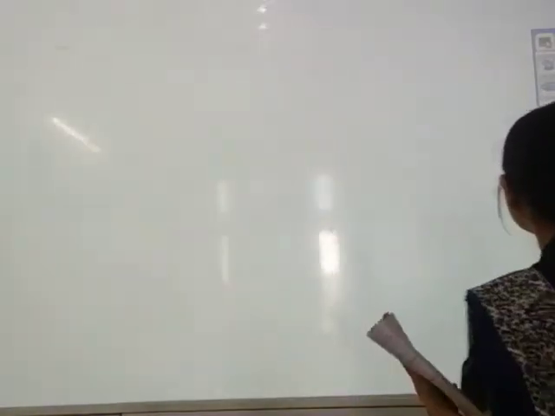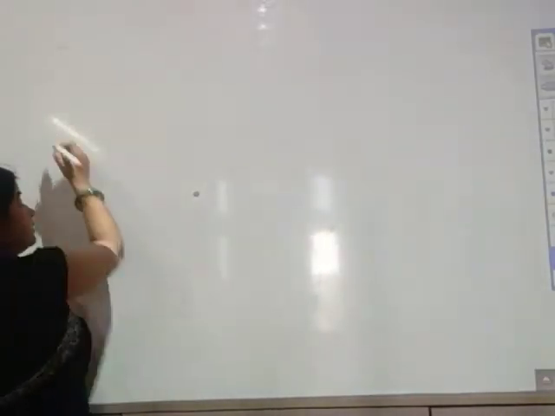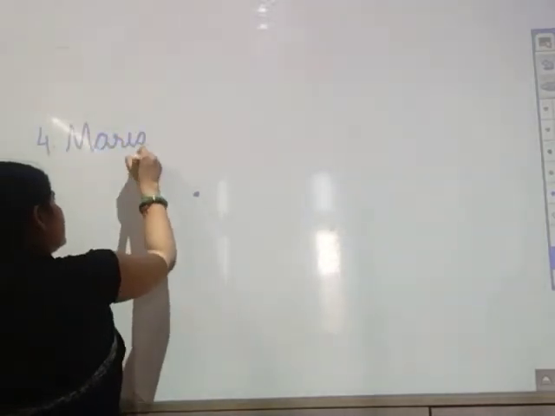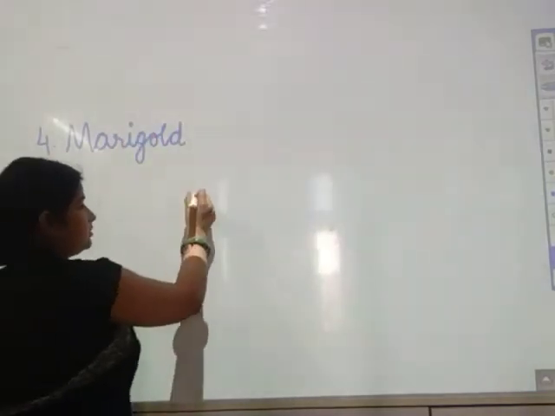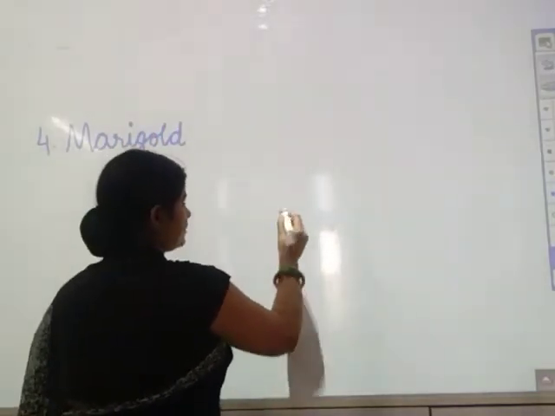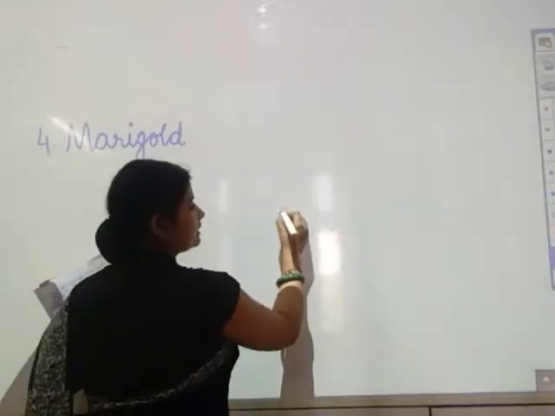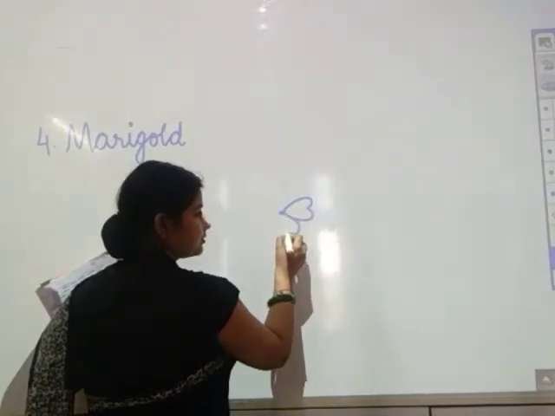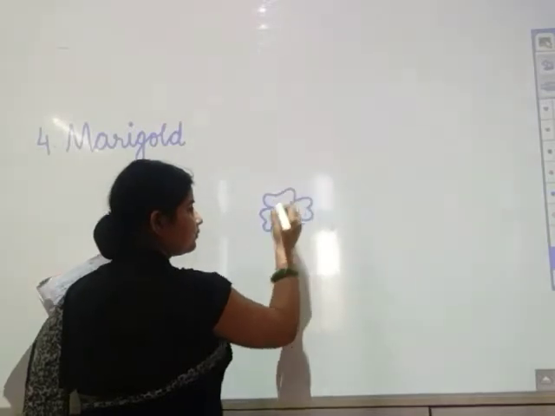Now I am going to show you. Number 3 is marigold. For marigold, just take a point. This is number 4 flower, marigold. M-A-R-I-G-O-L-D. Take a small point. Okay. And after that, you need to draw this pattern, a heart-like shape. 2, 3, 4.